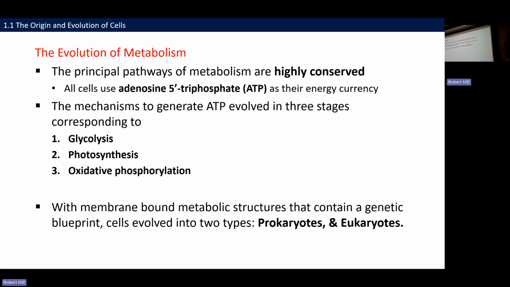So, early on, the Earth was deficient in oxygen. So glycolysis is a process by which you can produce a little bit of energy without the presence of oxygen, right? Basically, you take sugar, glucose, and through a series of reactions, you break it down into pyruvic acid.